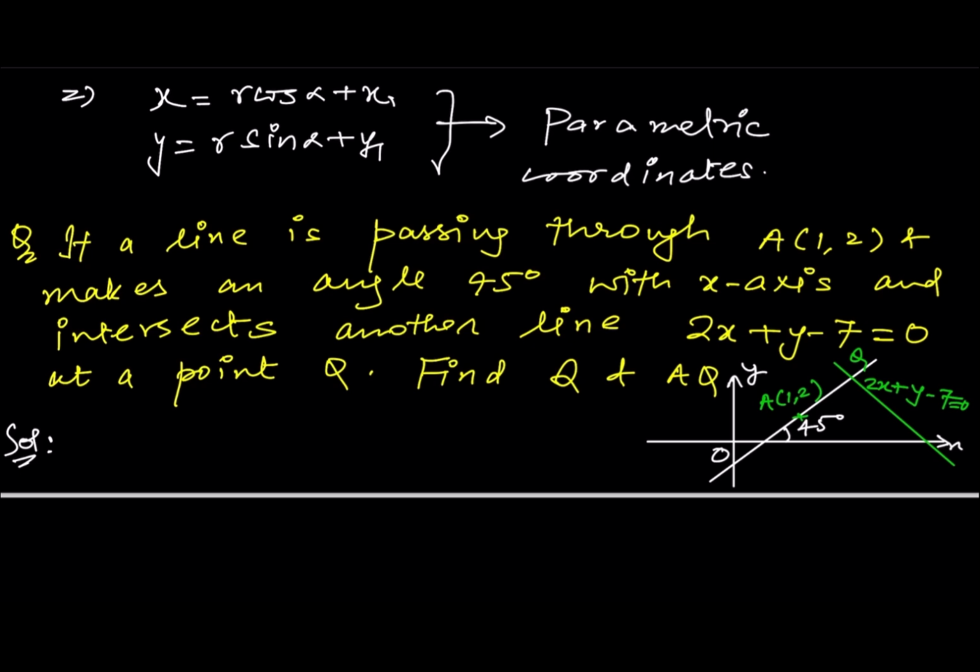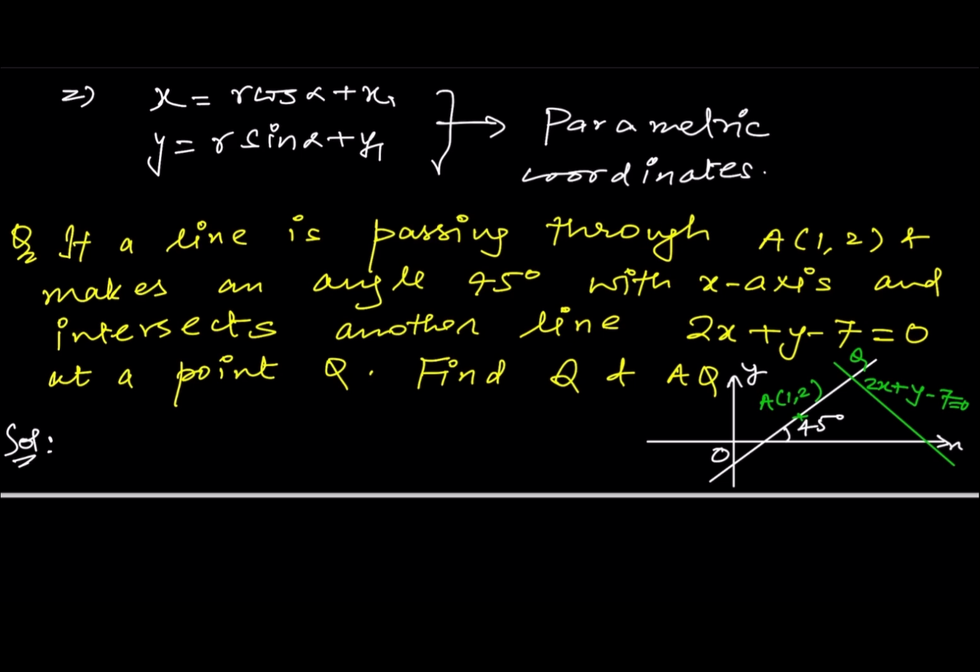The point is already given, that is A, and the slope is not directly given, but its inclination is given. If inclination is given, then tan of that inclination is the slope. Then you can find the equation of AQ and solve it with this line. You can get Q, right? And once you have Q, you can find AQ by using the distance formula.